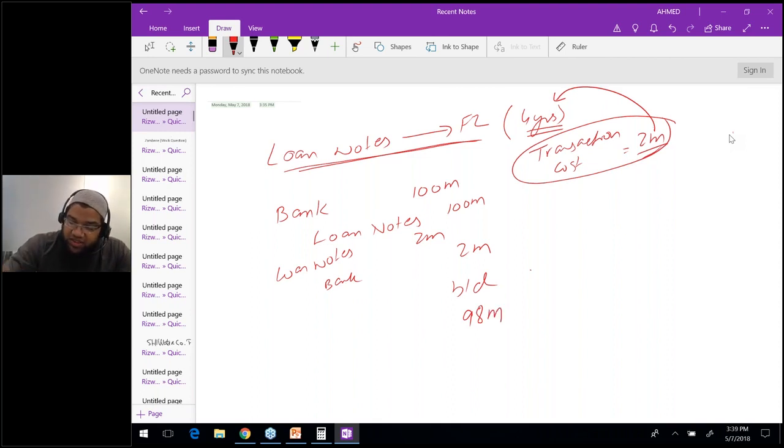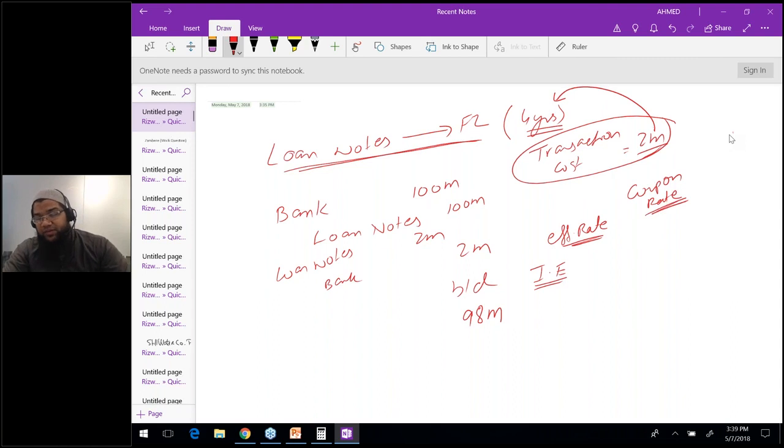And then the interest expense will be calculated using the effective rate. What is the difference between coupon rate and effective rate? Coupon rate is the rate on which we pay the interest. And effective rate is the rate which includes the interest as well as the transaction cost that we have paid.